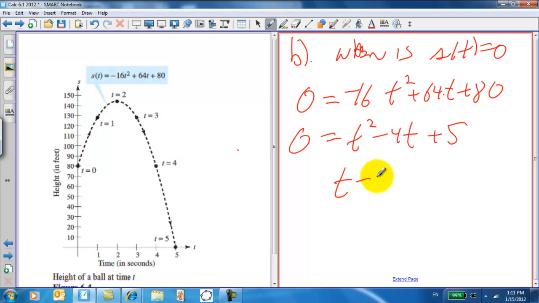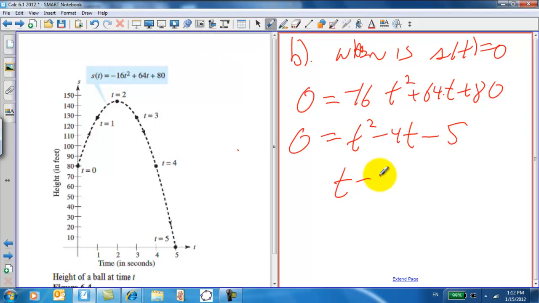So it's t minus 5 times t plus 1. Oh, did I do this wrong? 16 out of 80 is 5. Oh, it's a negative 5. Oh, you silly goose, Mr. Lang. There we go, negative 5.